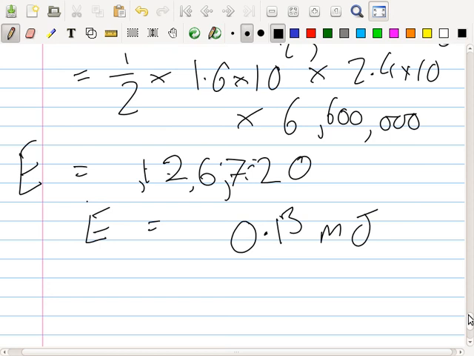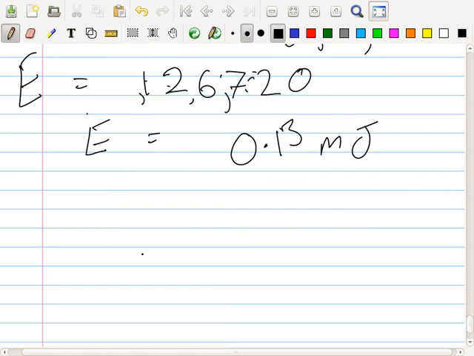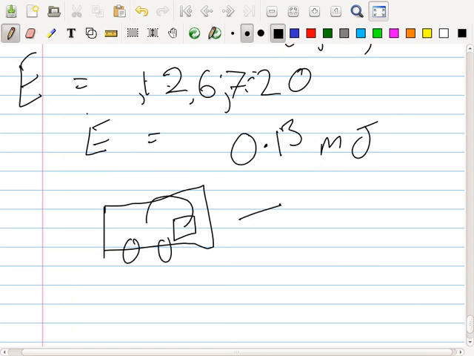So look here, last part now. That's how much energy is in the engine. Where does this energy go? Into the car. And the car is moving. So what form does it take? Kinetic energy.